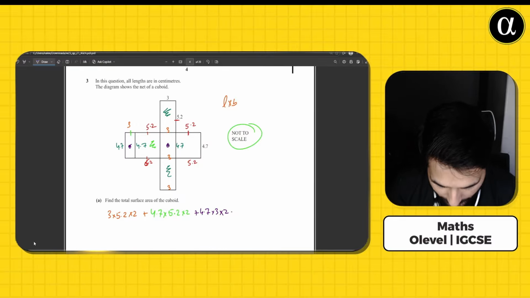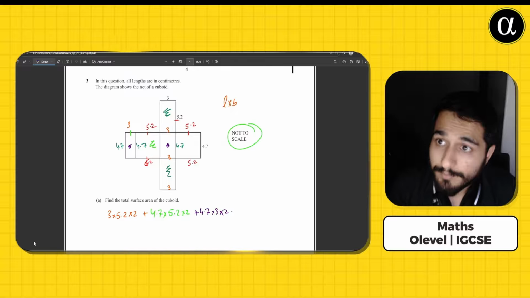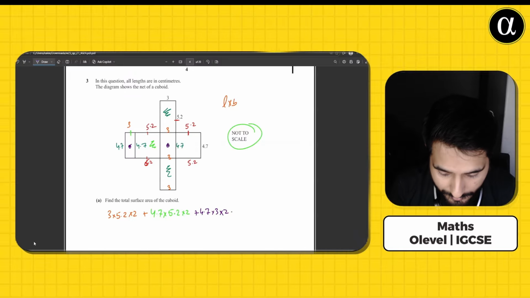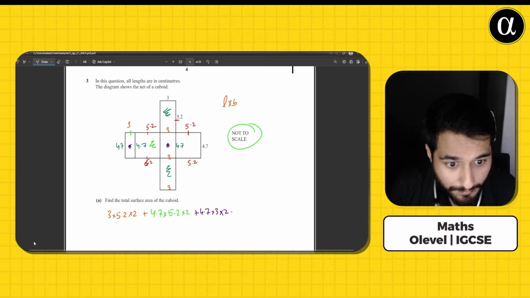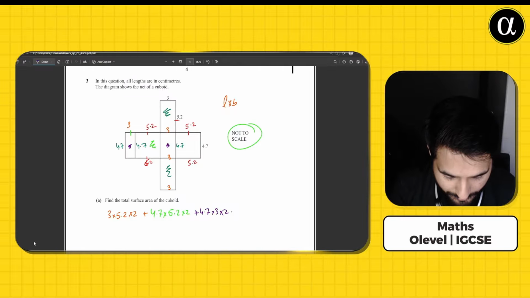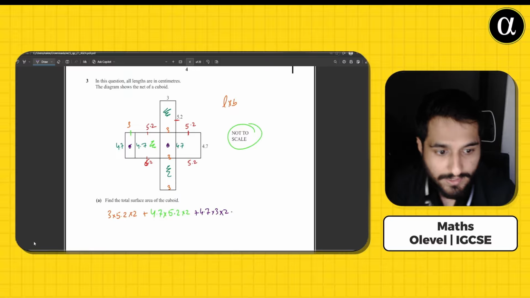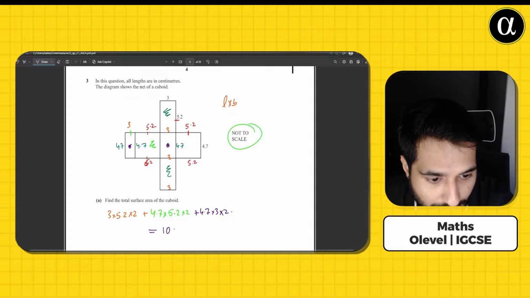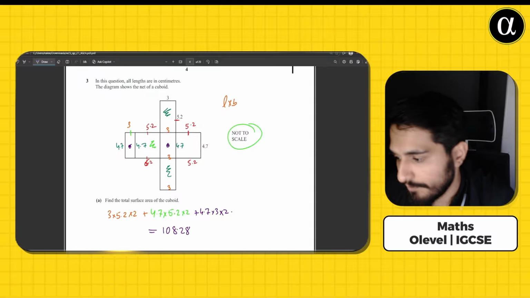So it's going to be 3 into 5.2 into 2, plus 4.7 into 5.2 into 2, plus 4.7 into 3 into 2. Now this gives us 108.28. So the answer is 108.28. That's how you solve it.